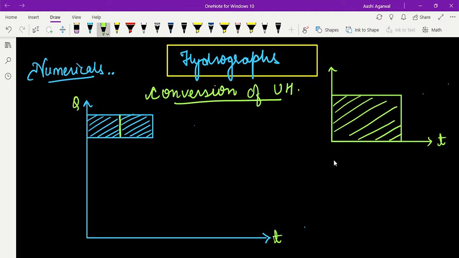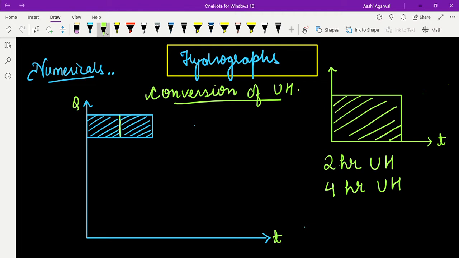Now it is very obvious that the hydrograph which you will get for a 2 hour effective rainfall occurring uniformly over a catchment will be different from what you get for a 4 hour duration. When the duration of this effective rainfall is 4 hours, the unit hydrograph will be different.